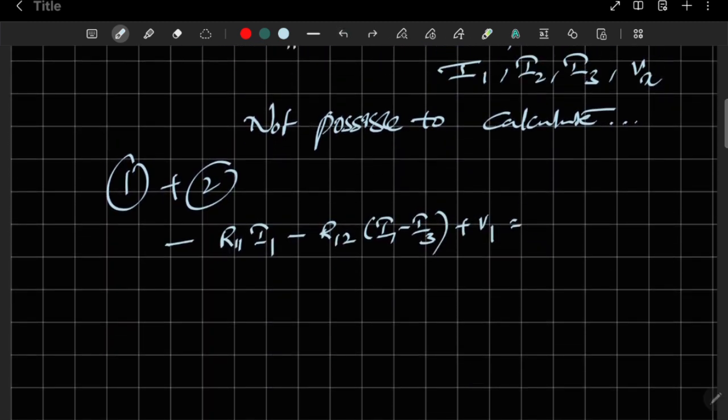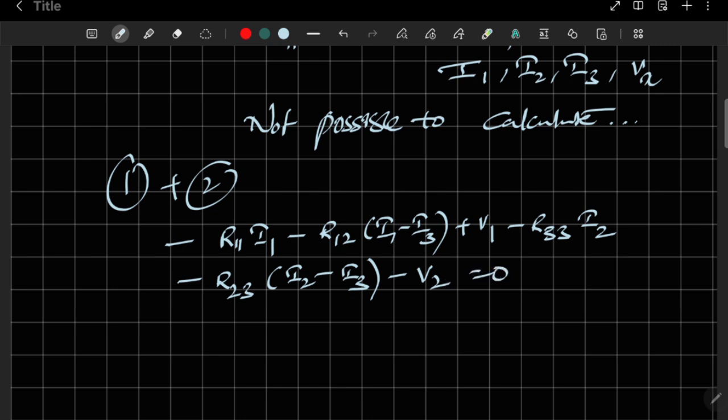Now we are adding. So for the second mesh equation, minus R33 into I2 minus R23 into I2 minus I3. Okay, and you have here minus V2 is equal to 0.